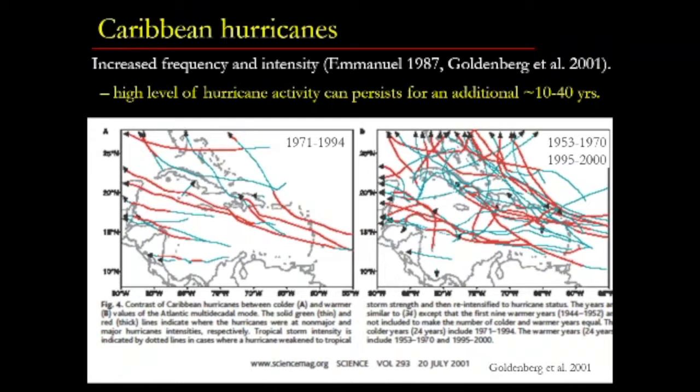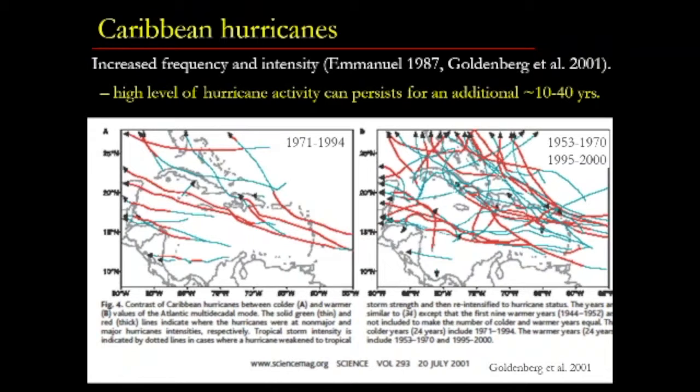Okay. So another aspect of climate change, particularly in the Caribbean region, is the prediction of an increased frequency and intensity of hurricanes. As we know, the temperature in the ocean in the Caribbean region is increasing, and when this temperature increases, then the frequency and the intensity of the hurricanes also increase, and this is what's being shown in this figure.